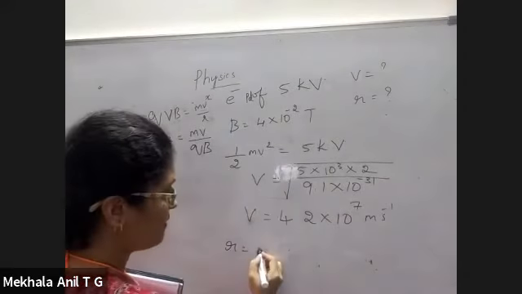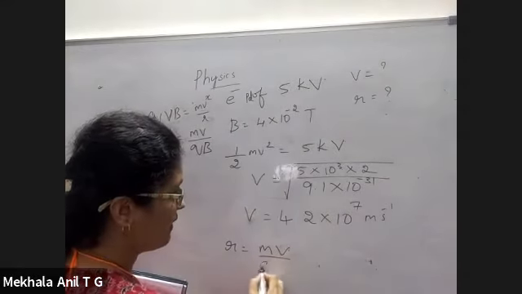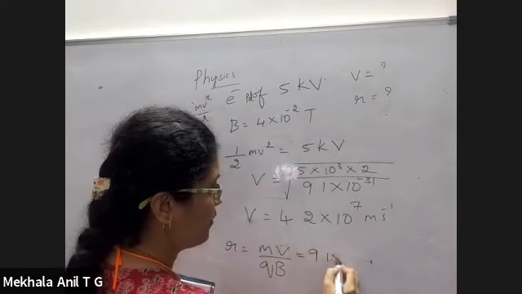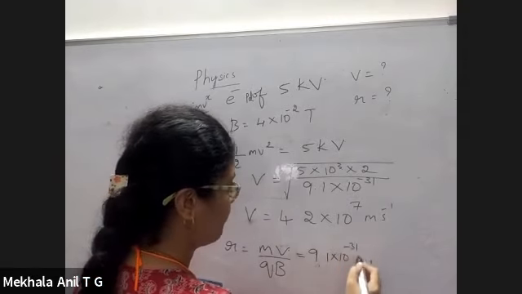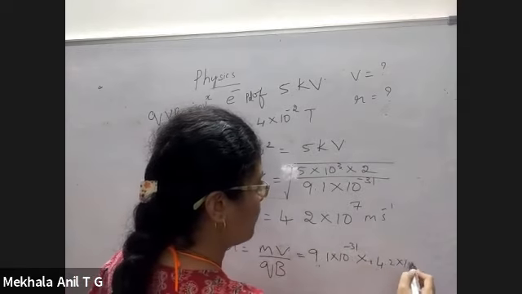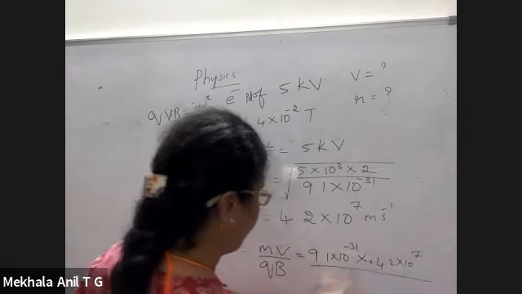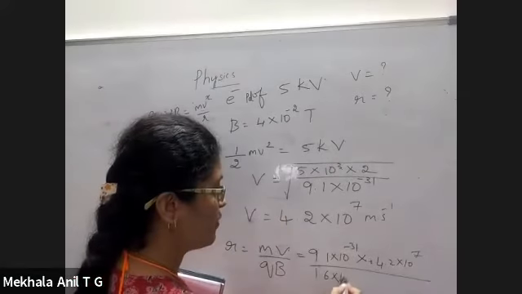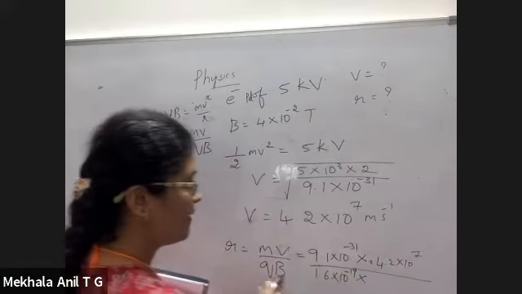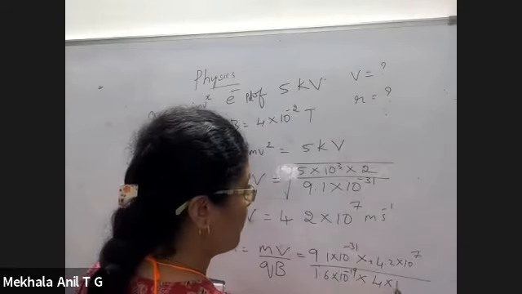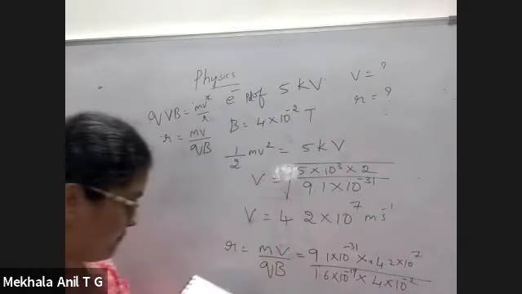Therefore, I will substitute here mv divided by QB. The mass of the electron 9.1 into 10 power minus 31 into v, that is 4.2 into 10 power 7, divided by Q, the charge of the electron 1.6 into 10 power minus 19, into the magnetic field, that is 4 into 10 power minus 2 Tesla.